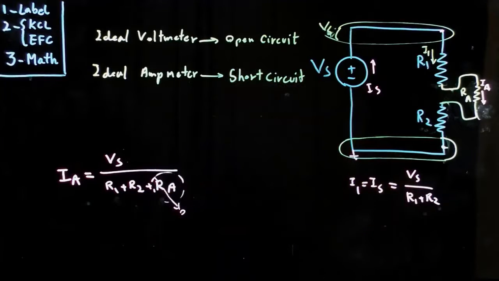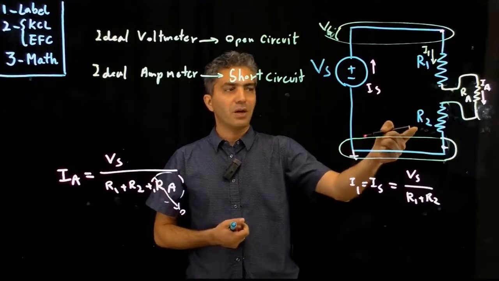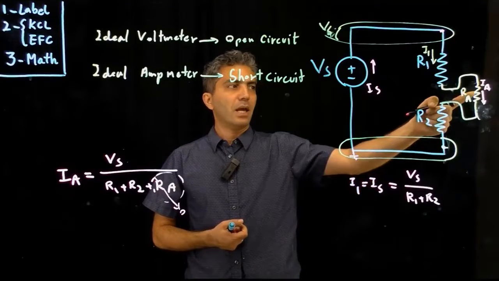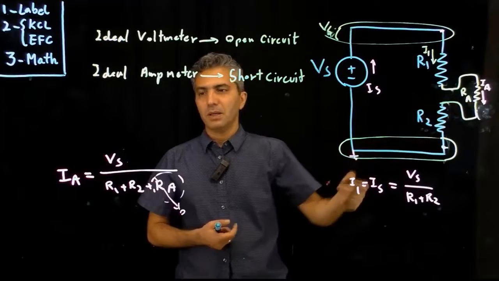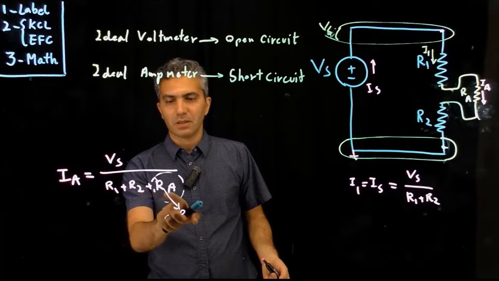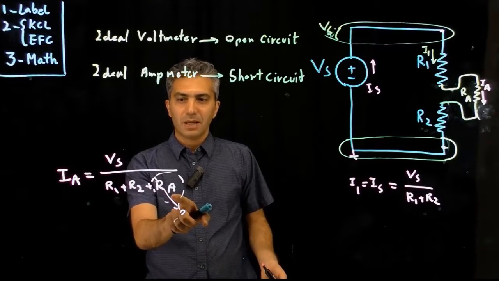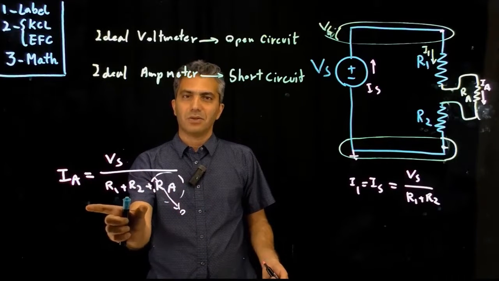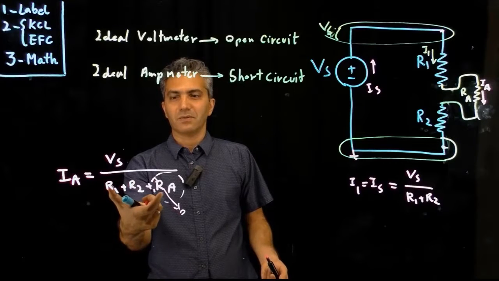Let's work again with the values. If R1 is 1K, R2 is 2K, and RA is just 1 ohm, then instead of 2,000, I'm dealing with 2,001. And most likely, that's not going to change the measurement, or my measurement is not going to be very sensitive to that.